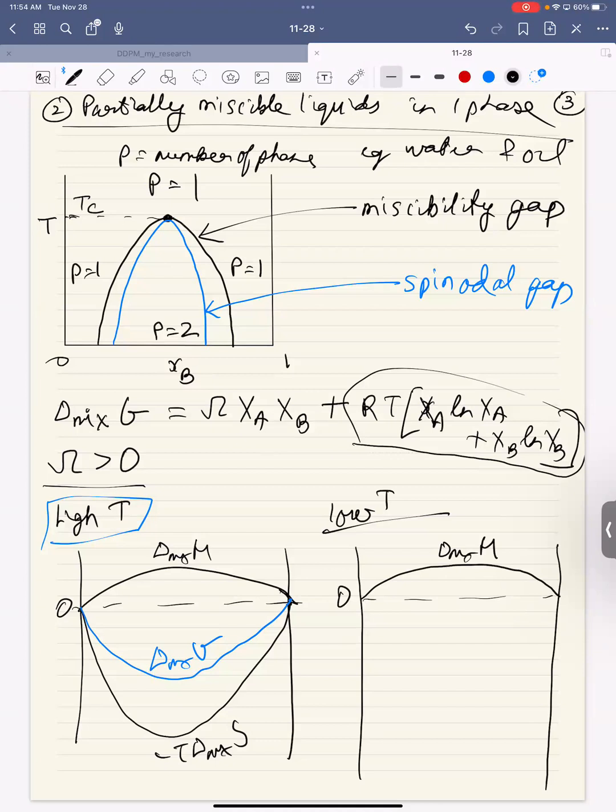But now this minus T delta mixing S is going to be a curve that looks like this. It won't be far negative, it is somewhere up. And we know that at the ends, this is going to dominate, right? Again, that goes to our log X.